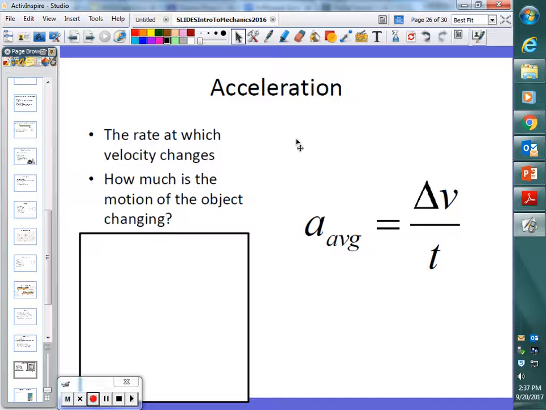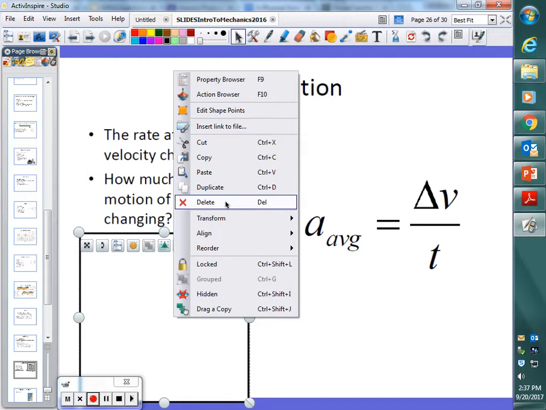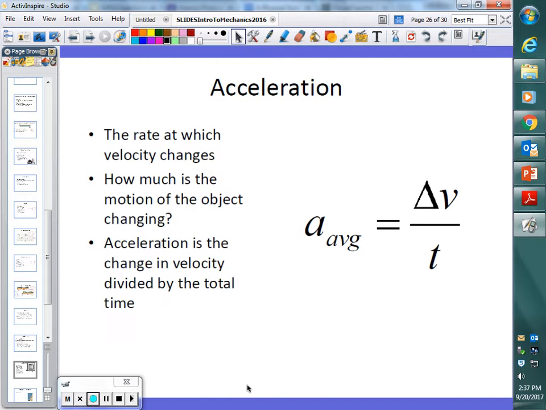Acceleration tells us what will happen. Not what's happening now, but what will happen. Good there? And then finally, acceleration is the change in velocity divided by the total time. And that's our formula for calculating acceleration. Okay. Good there?